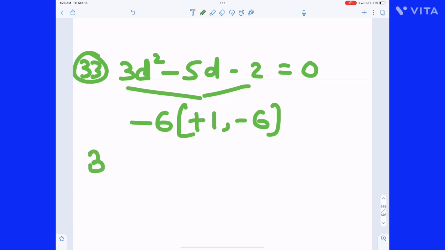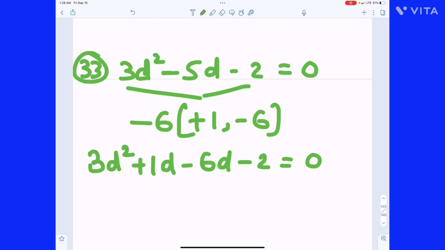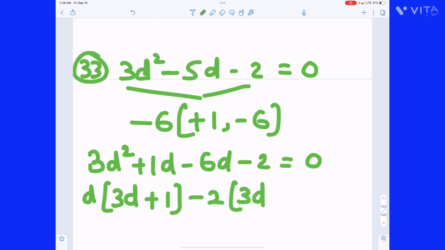Let's go. 3d squared plus 1d minus 6d minus 2 is 0. That gives d open bracket 3d plus 1 minus 2 open bracket 3d plus 1 is 0.